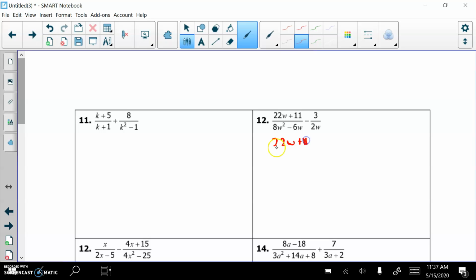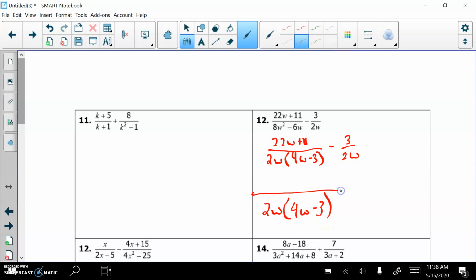22w plus 11 over 2w parentheses 4w minus 3, minus 3 over 2w. Okay, so kind of taking stock of what I have in my two fractions. They both share 2w, so we want to represent 4w minus 3.